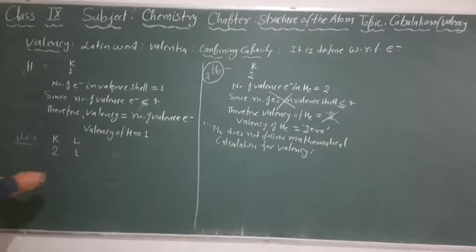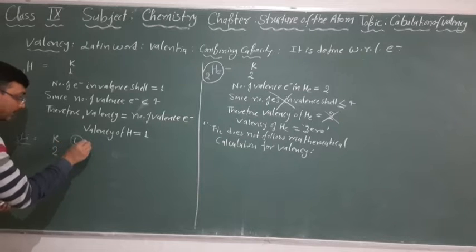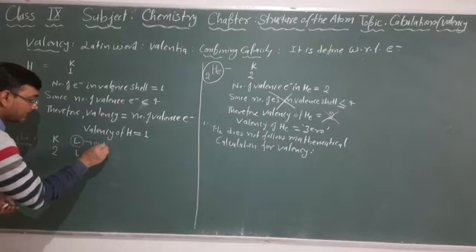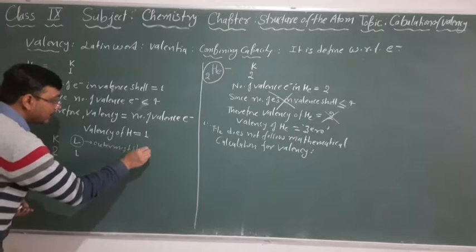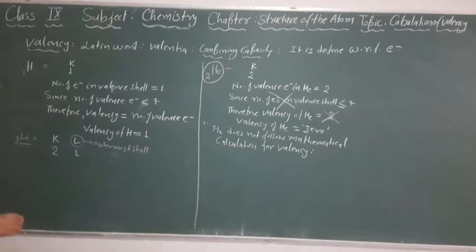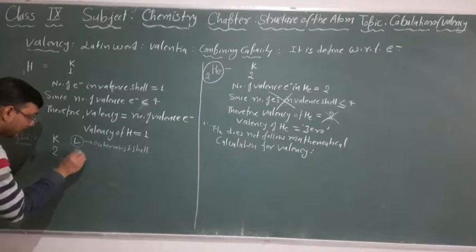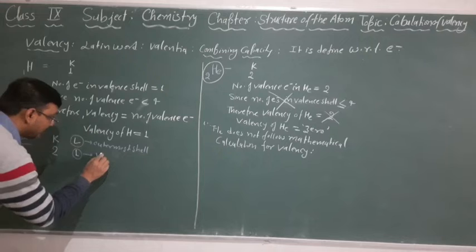Now here the L cell becomes the outermost cell. Clear? The number of electrons present in the outermost cell is known as valence electrons. So here this electron is the valence electron.